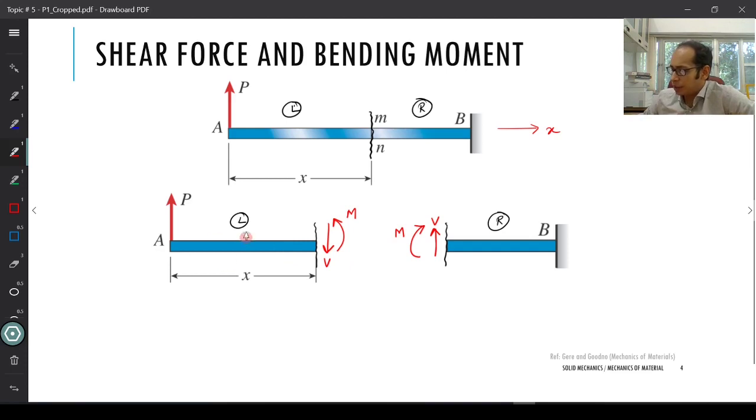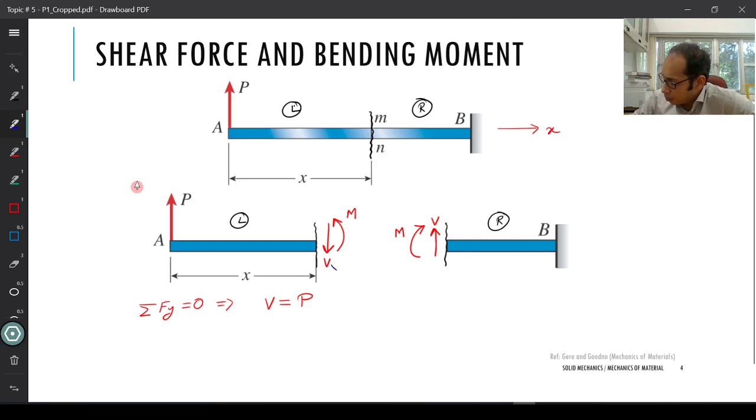Now, going from the perspective of pure establishing equilibrium, what do we get? From this particular portion, the left hand side, if I am doing my summation of Fy equals to 0, this gives me my V as equal to P. So my shear force that is acting, V, is the shear force, right? So maybe I write it more explicitly.